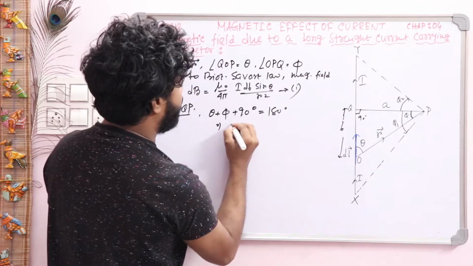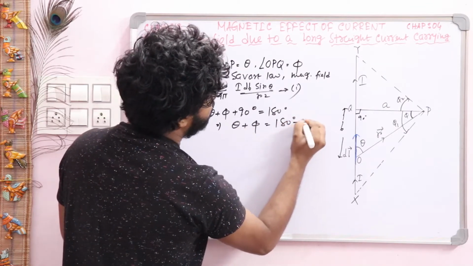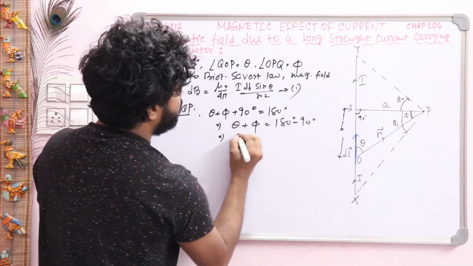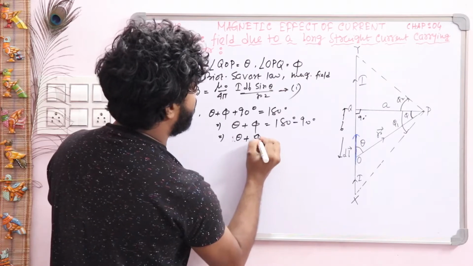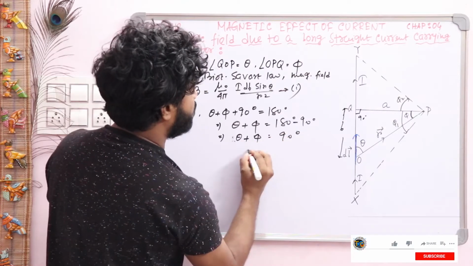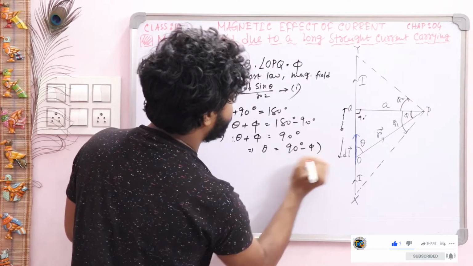So from here you can write theta plus phi equal to 180 minus 90, so theta plus phi is equal to 90 degrees. So you can say theta is equal to 90 degrees minus phi.